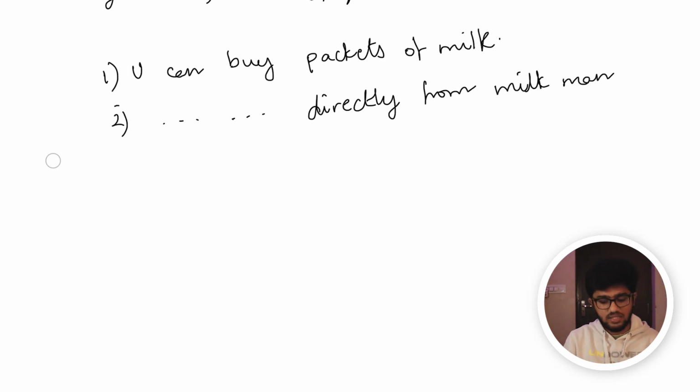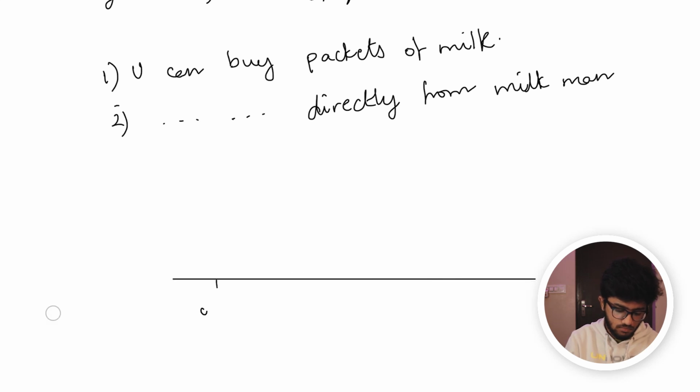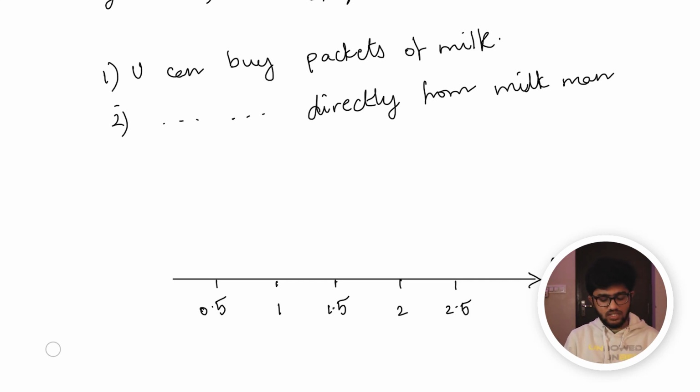Let me draw a scale to measure the quantity of milk you're going to buy. Let's assume the minimum denomination of milk packet you could buy is 0.5 liters. So the various options available for you to buy milk is that you can buy a 0.5 liter packet, or you can buy a 1 liter packet, or you could buy 1.5 liters, or you could buy 2 liters.